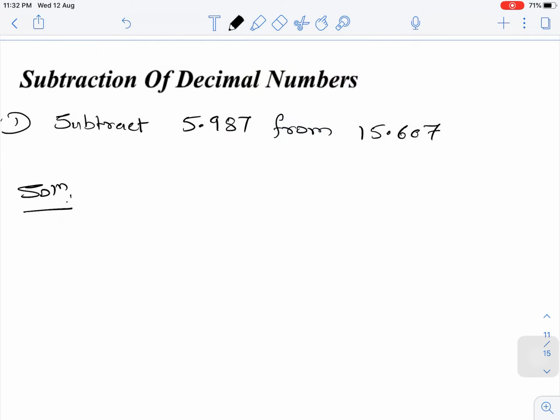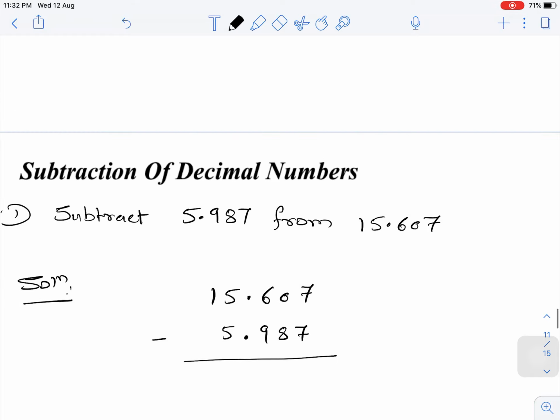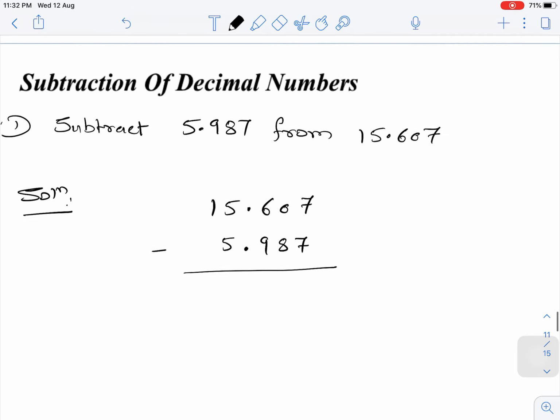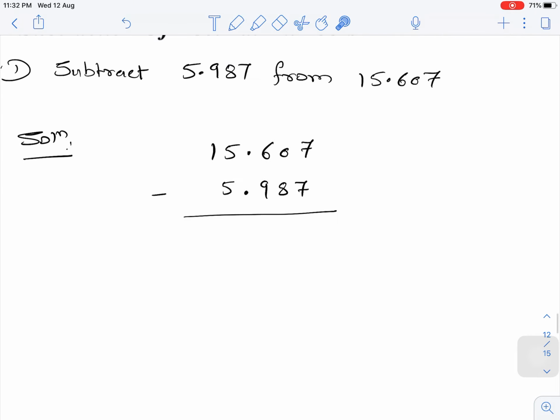So we write 15.607. Then again check whether both numbers are like decimals or not. Yes, they are like decimals, so the next number we write here, decimal below decimal, 5.987. Now we have to subtract.